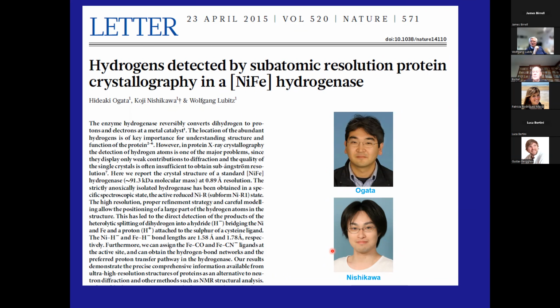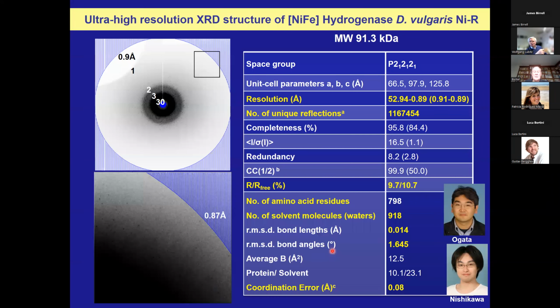They managed to crystallize the nickel iron hydrogenase from Desulfovibrio vulgaris Miyazaki F, and got excellent crystals with very high resolution. In the nickel R state, we checked that there's only nickel R1 in the crystals, and the resolution was certainly much better than 0.9 angstrom, down to 0.89 or even better. Many unique reflections, a good R value.